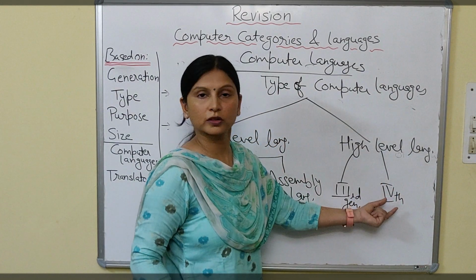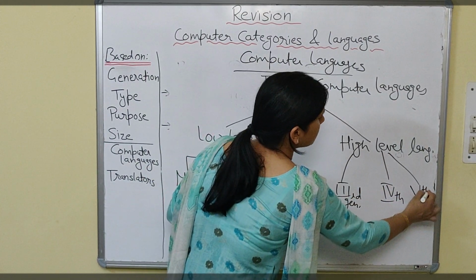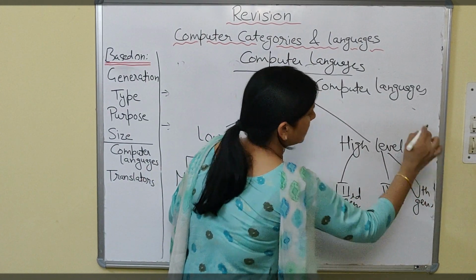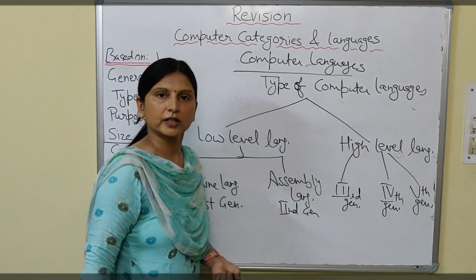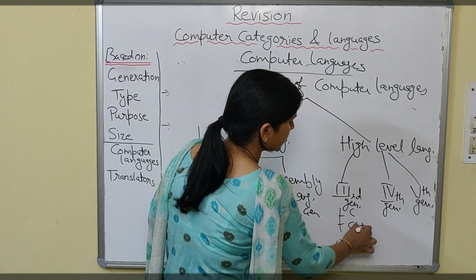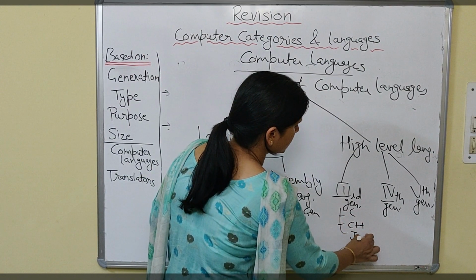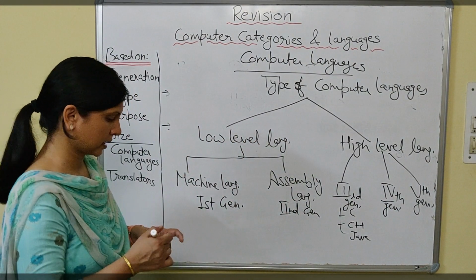In your book up to fourth generation languages are given, but up to fifth generation languages are there. Fine. So third generation languages are like C, C++, Java. Fourth and fifth we will discuss later.